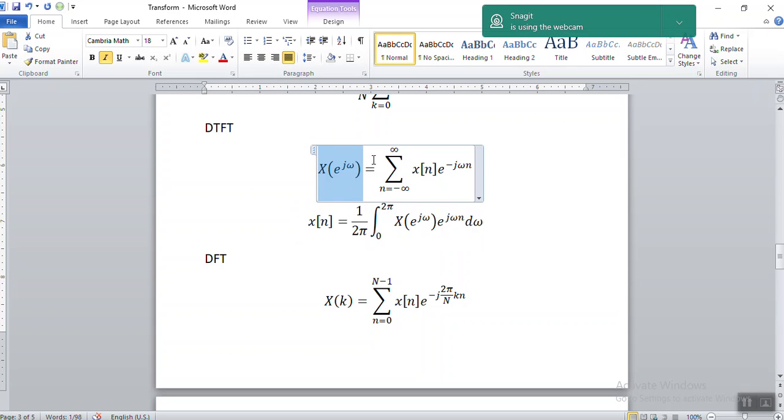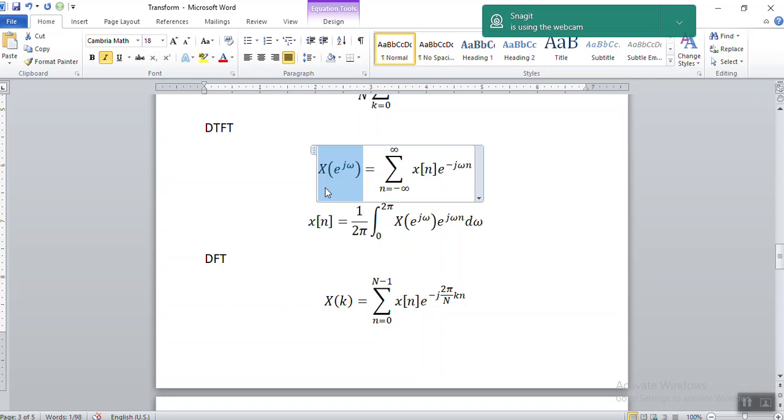Obviously, this cannot be computed in a finite machine or computer algorithm, because it has an infinite number of frequency samples over minus pi to pi or 0 to 2 pi in the complex plane.